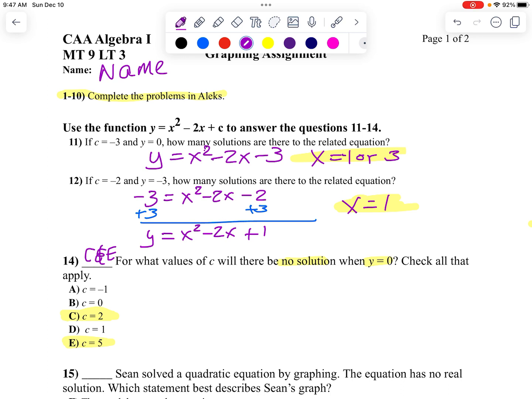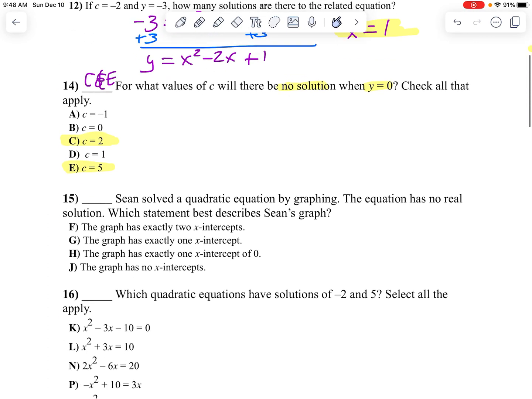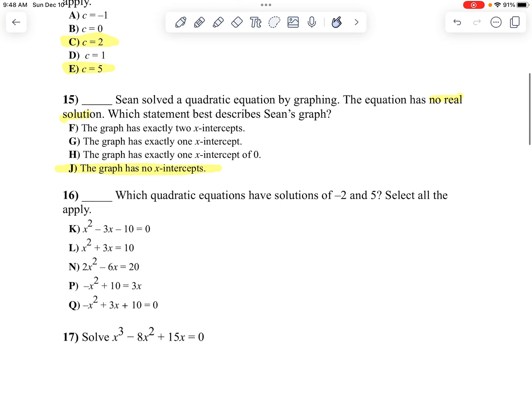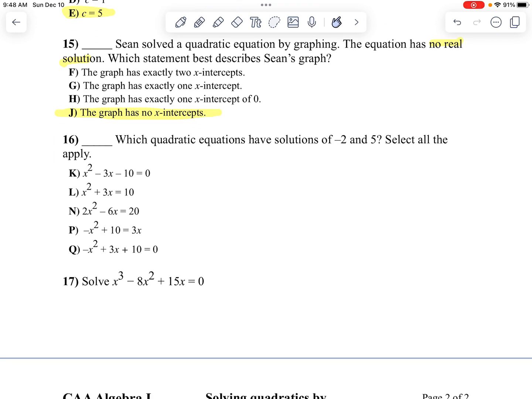Okay, now let's take a look at question 15. 15 says, Sean solved the quadratic equation by graphing, and the equation has no real solutions. So no real solutions means it doesn't cross, so it has no x-intercepts. Okay, on letter K, I want to know which one of these have solutions at -2 and 5.